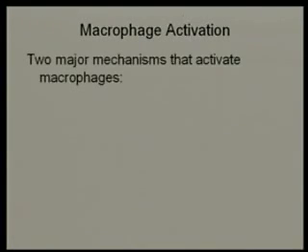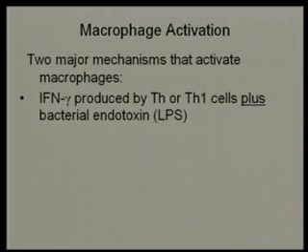So how are the macrophage activated? Turns out that there are two major ways to activate a macrophage. The first one is by interferon gamma production by a T helper cell, plus exposure to a bacterial endotoxin such as LPS. So they see interferon gamma and then they see bacteria.